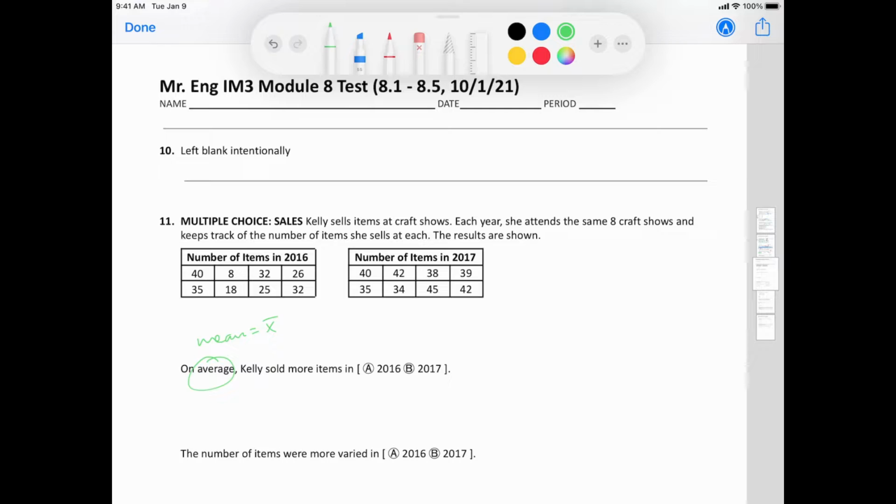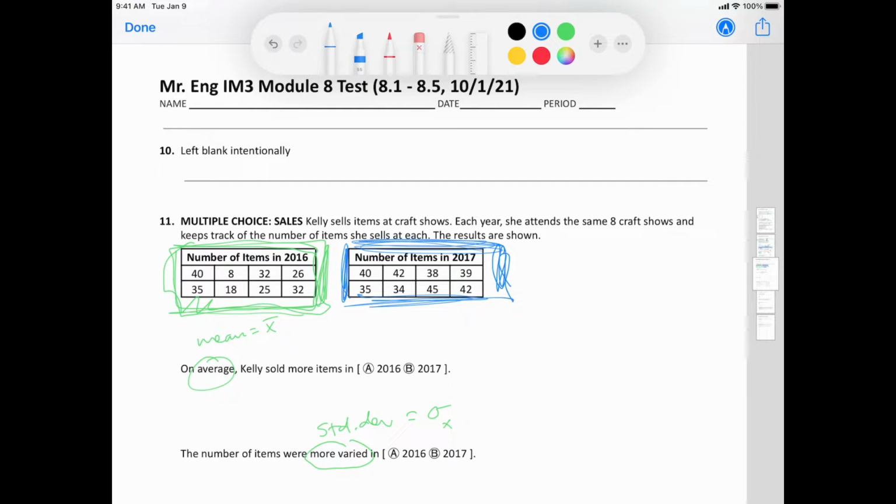Okay, so I'm going to call this one the green group. And then down here, where it says number of items sold and more varied, is called the standard deviation. In this case, we're going to look for the population standard deviation, which is going to look like that. And I'm going to call this one the blue in 2017.